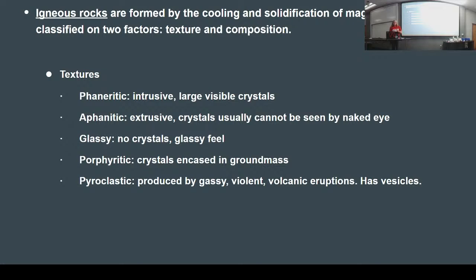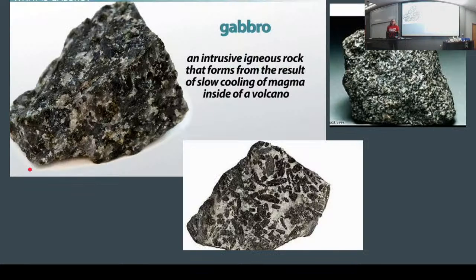Then your porphyritic has crystals that are encased in a ground mass, and pyroclastic rocks are produced by a gassy, violent volcanic eruption, which we also call pyroclastic flows, so they'll have vesicles and they'll be really light.